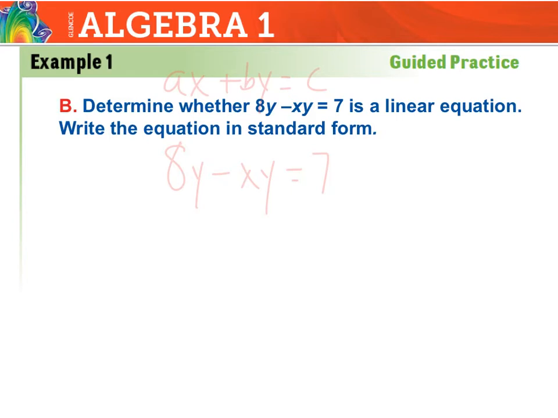Standard form is the first one that we will do. It just says collect your variables on one side. So this is completely fine. But once again, this middle term has 2 variables tied together, so not linear.